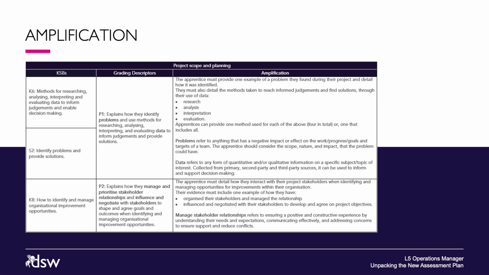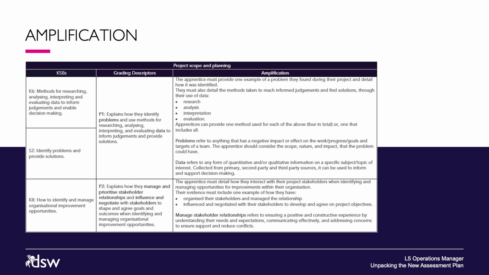Underneath that initial breakdown, you can see there we have a few words, terms, or phrases that have been emboldened that we have identified in the descriptor as potentially being open to interpretation. And so we have provided a definition. So you can see problems refer to anything that has a negative impact or effect on the work progress, goals, and targets of the team.